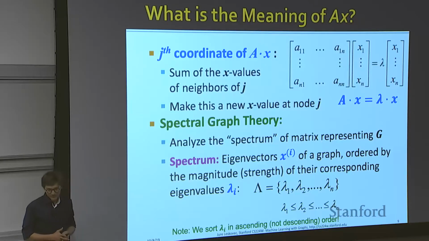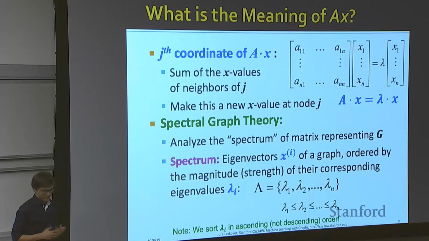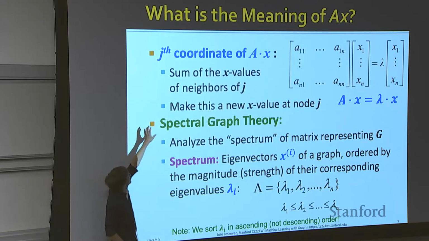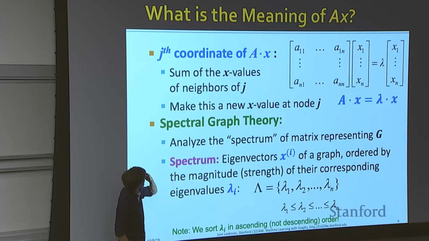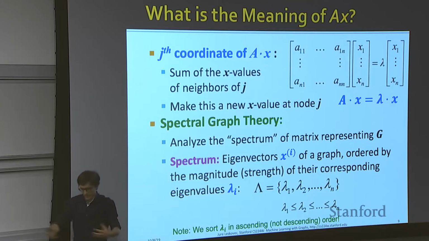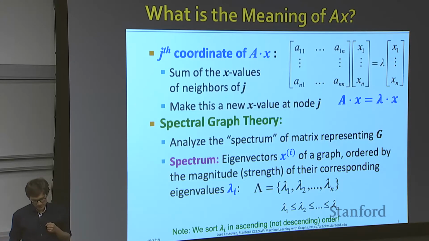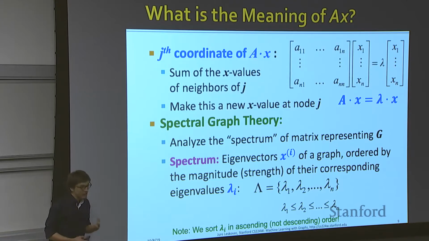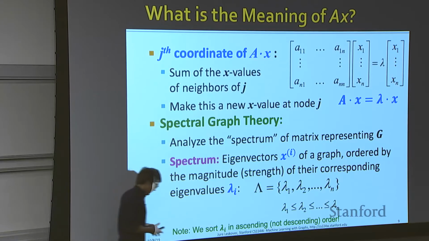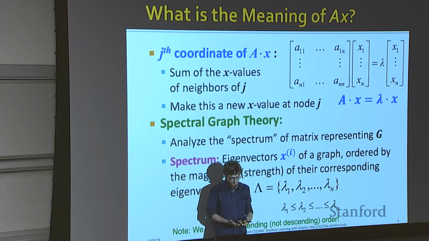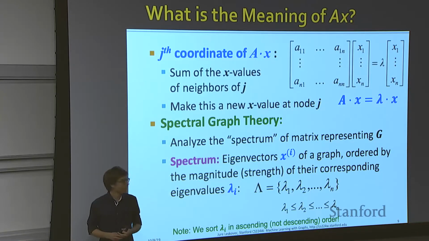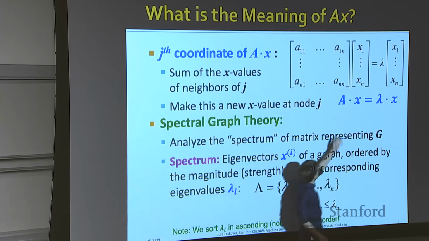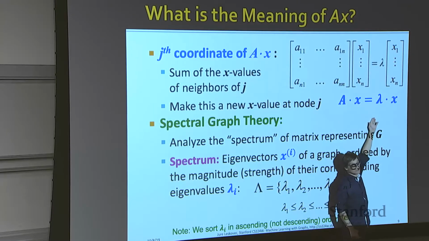So now let's keep working on this. What we learned so far is that if I take A times x, then the jth coordinate of this vector y is simply a sum of the values of neighbors of node j. Now if I think about what eigenvectors and eigenvalues of a matrix are, they are solutions to this type of equation.